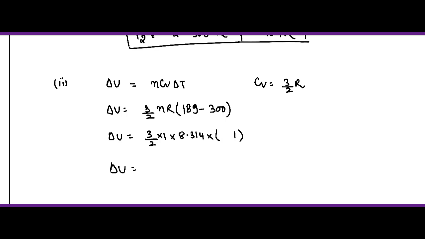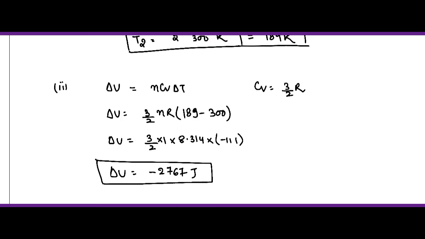When we calculate 189 minus 300, it is coming out to be negative 111. Now solving this, we finally get my change in internal energy, which comes out to be minus 2767 joule.